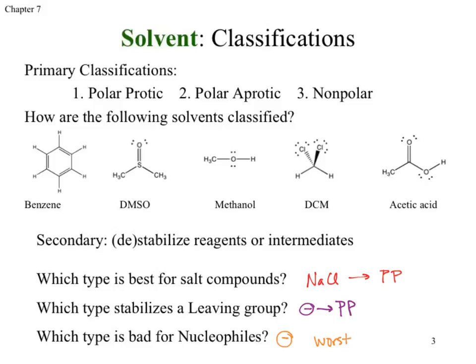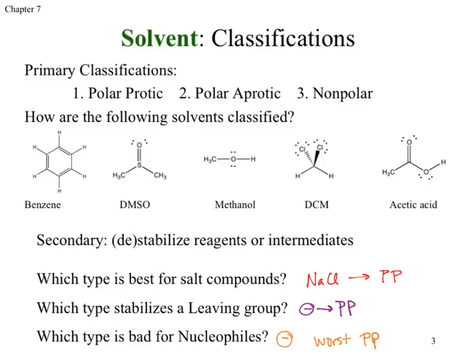The polar protic is the worst solvent. Why? Because it stabilizes the negative. It's going to generate that H+, and what does that H+ then interact with? The negative of our nucleophile, taking that negative from a nice big strong negative to a neutral state. Is it as good of a nucleophile anymore? No. Why does this pose a problem?